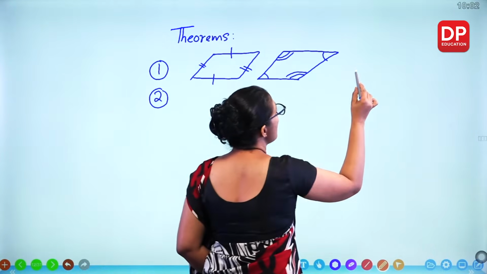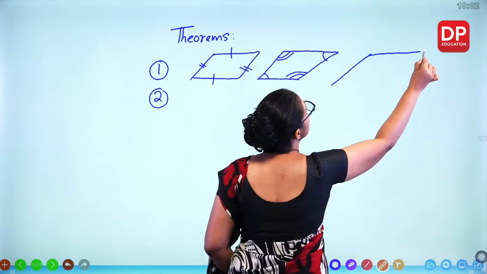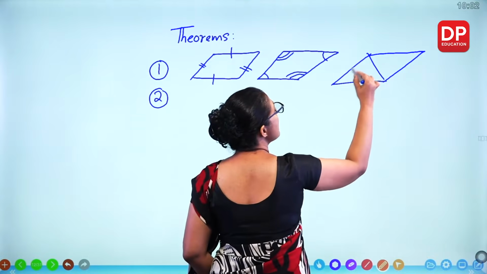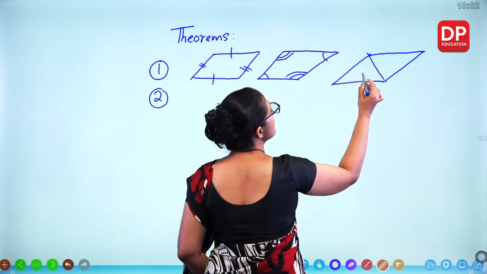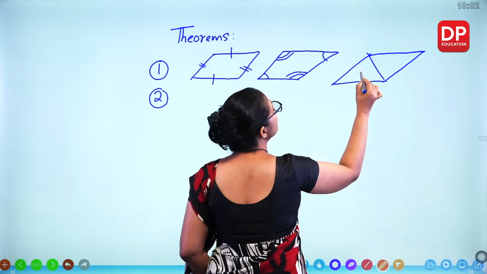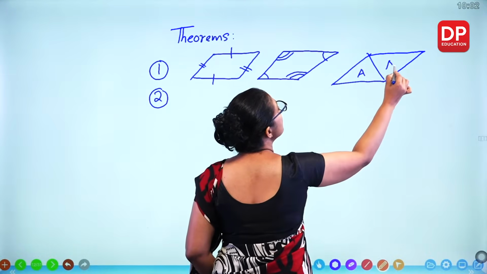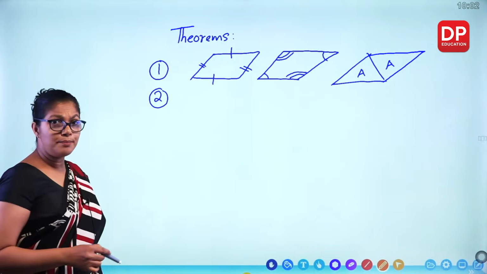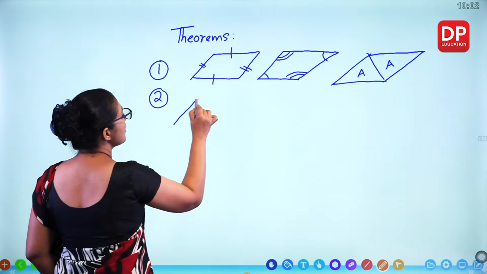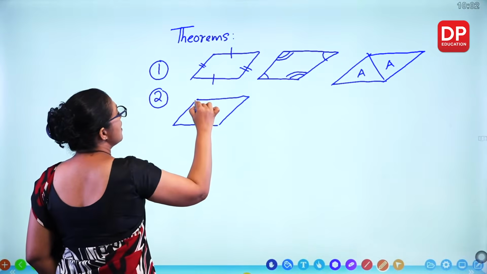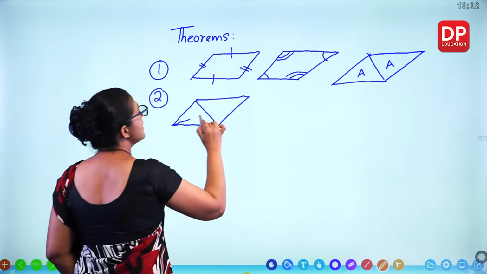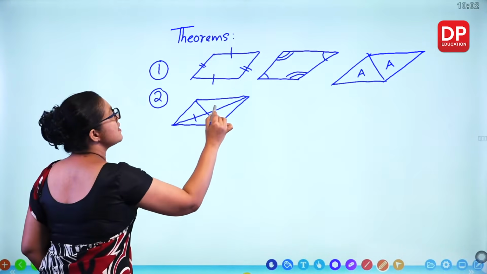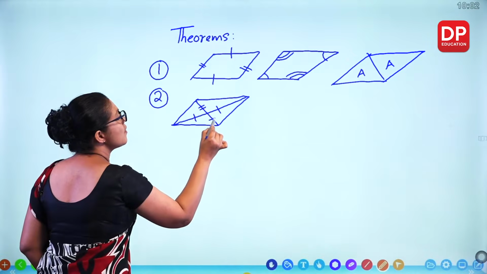And from the diagonal, this area is same as this one. Areas are equal. Second theorem says in a parallelogram, the diagonals bisect each other. That means these lengths are equal.